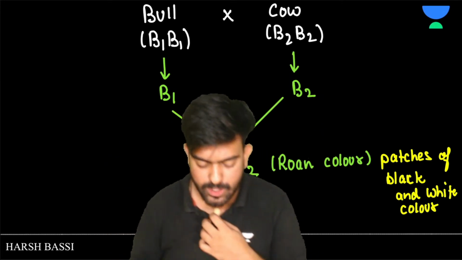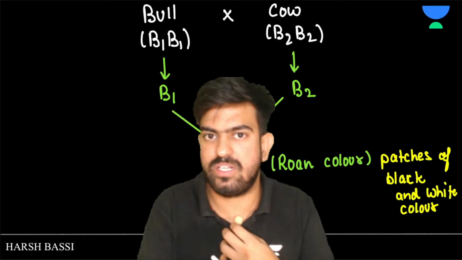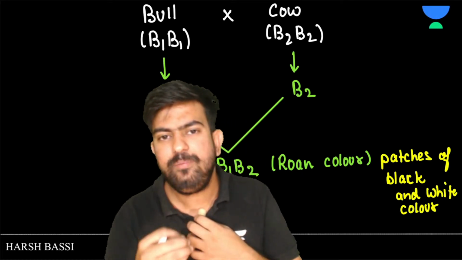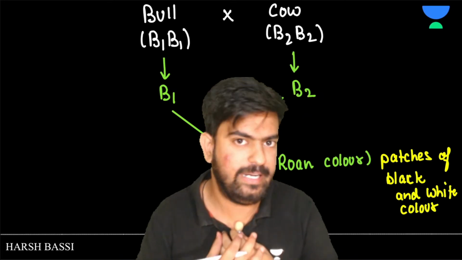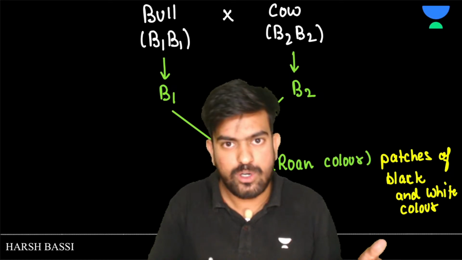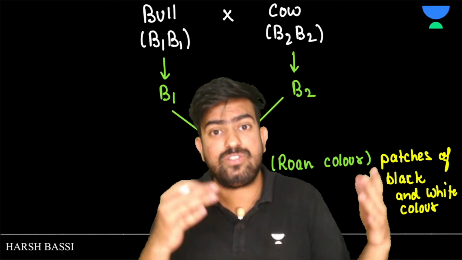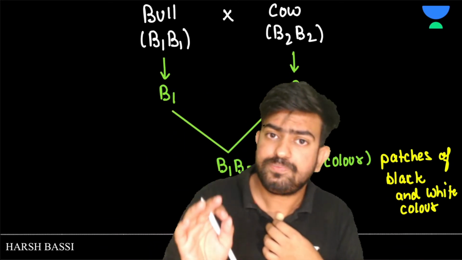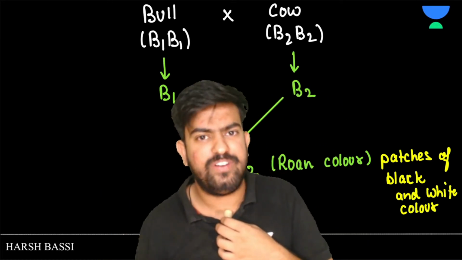Okay, great, sir. Now, see, in animals and in human beings, we can't do self-pollination or selfing, right? It's unethical also, and practically also it's not possible. Let's suppose there is a person who is experimenting on human beings. He has to wait for 9 months, first of all. Again, the baby will grow, some 12 to 13 years till the baby reaches puberty, right? So, in humans or animals, doing selfing is very difficult.